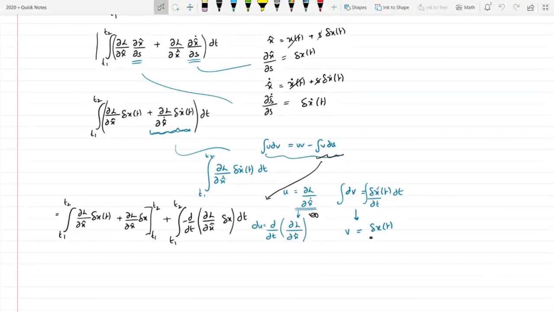Okay, is everyone happy with this? All I've done is taken the second term in our integral here and done it by parts. By doing it by parts, I've split it into two. The first one is here, the second one is here. This bit is the uv, and this bit is the integral of v du. Is this clear to everyone? Does anyone have a doubt in this?